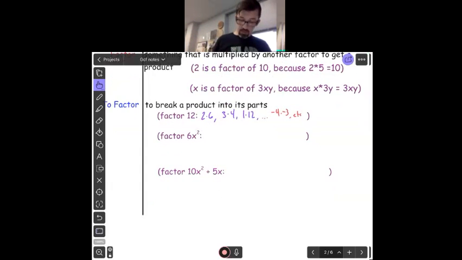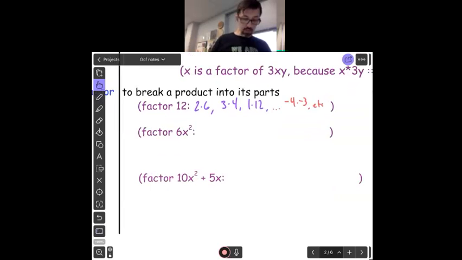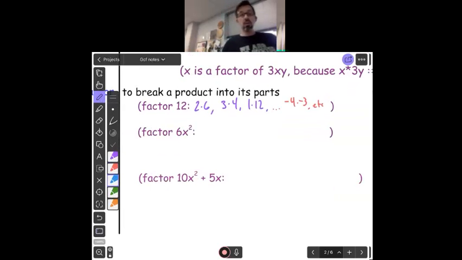All right, what about 6x squared? What multiplies to be 6x squared? Just think, Jarrett, what multiplies to be 6x squared.